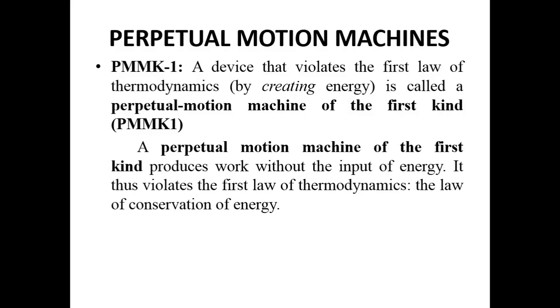But the perpetual motion machine, without the input energy, creates work energy of its own, thus violating the first law. So the PMM violates the first law of thermodynamics, and produces work without the input of energy.